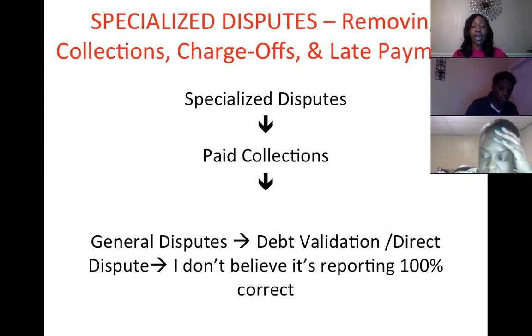Now you're going to say, hey, I don't believe the way this account is being reported is 100% correct, because 9 times out of 10, there's still some inaccuracy there. Okay. So you're going to scour the credit report, find the inaccuracy, let them know, hey, you're not reporting it 100% correctly. And by law, that's not right. Delete it from my credit report.